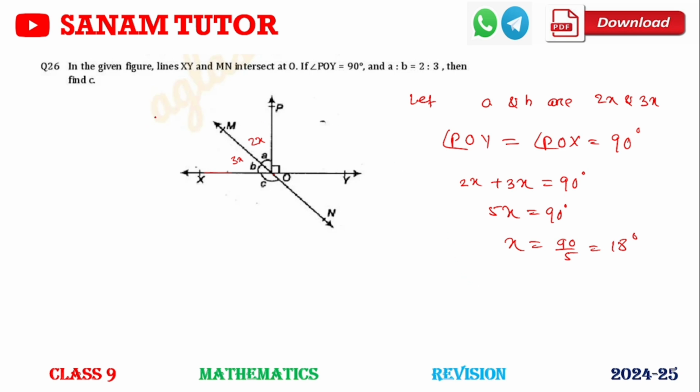So we find the value of c. We can write b plus c is equal to 180 degrees because of linear pair. So b means 3x, that is 3 into x is 18, plus c is equal to 180 degrees. So 3 into 18 is 54, plus c is equal to 180 degrees.